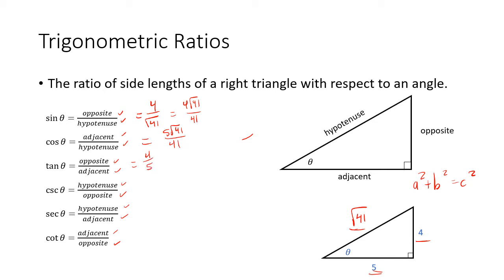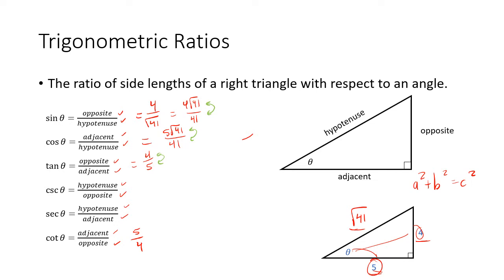If you think about it, all that we would be doing for cosecant, secant, and cotangent would be flipping these ratios. The easiest one to do: tangent is just 4/5, so cotangent is just going to be 5/4, adjacent over opposite. Now, how do we deal with cosecant and secant?